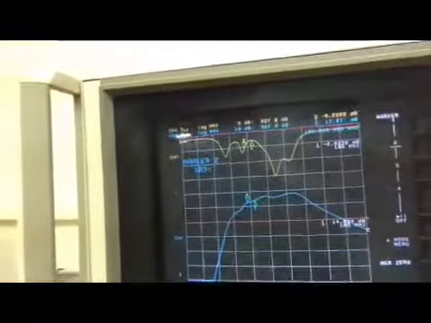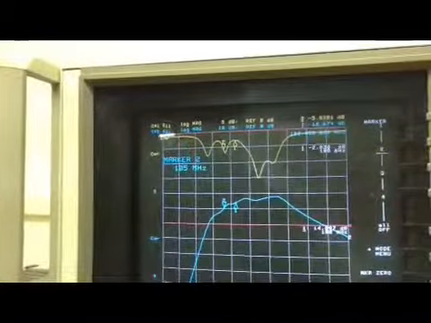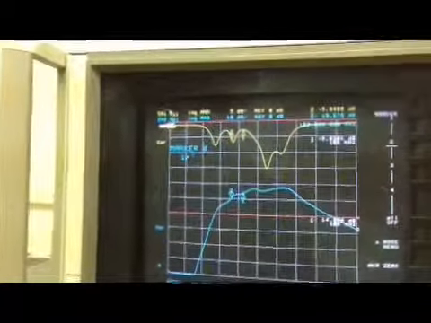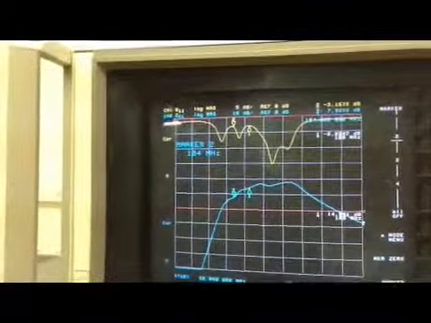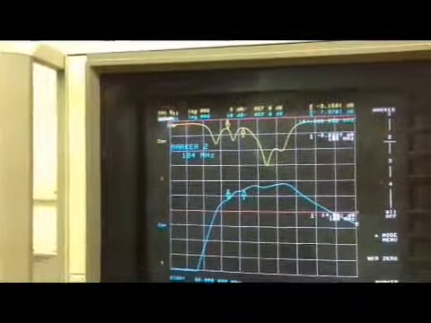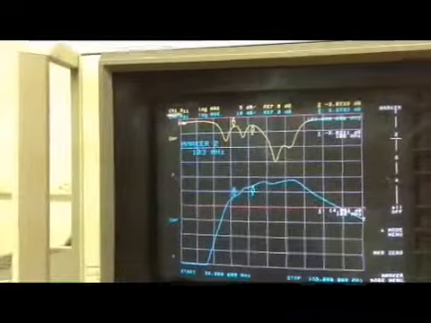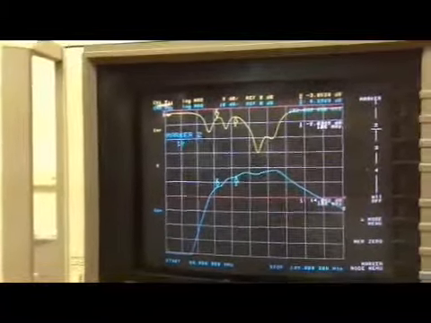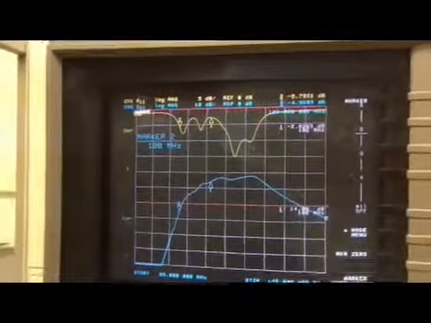At 105 megahertz we're at 10 dB, so we've got 10 dB of loss. At 104 megahertz, 7 dB, so we're looking at 13 dB of loss. At 103, 6 dB, and at 100, we're at negative 4 dB.